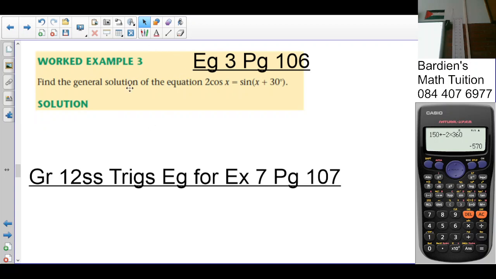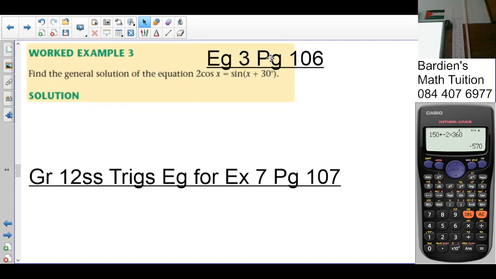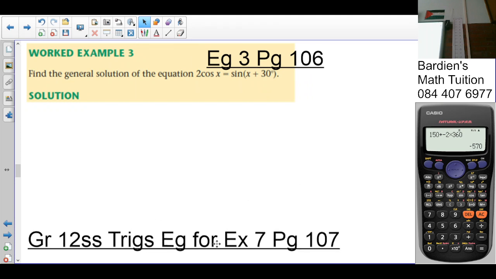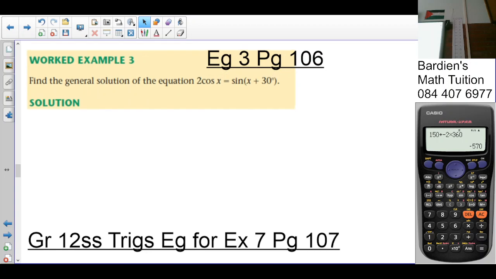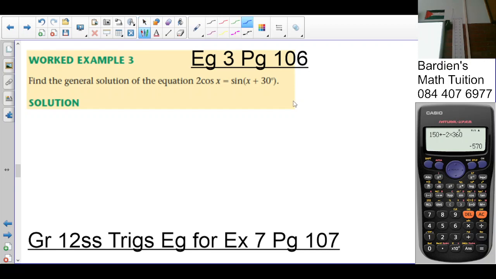So example 3 on page 106, we are told find the general solution. Again, we have 2 cos x equals sine of x plus 30 degrees. So what can be done here? Expand sine of x plus 30.